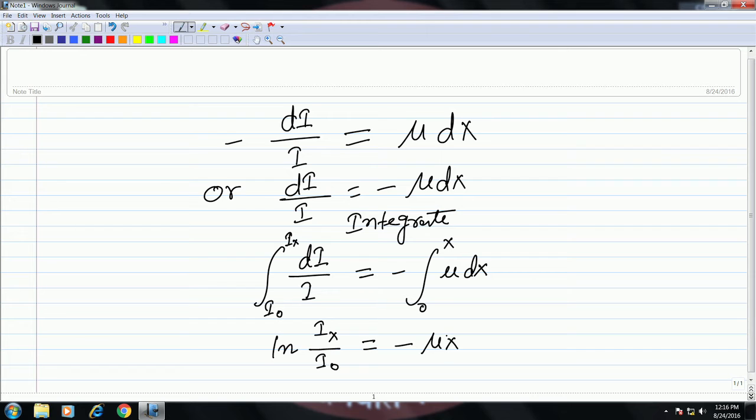From this you can write that I x by I naught is equal to e to the power minus mu x. And now this will be the basis of radiographic testing. As you can see from this equation, the X-ray energy decreases exponentially with the thickness of the material.